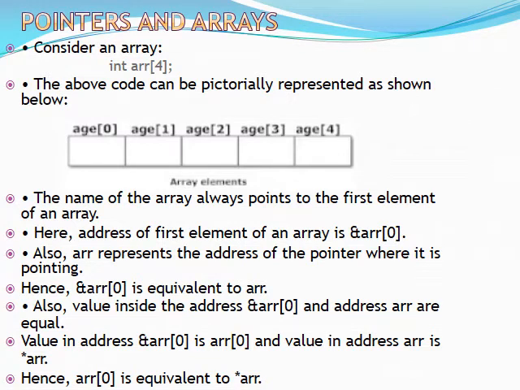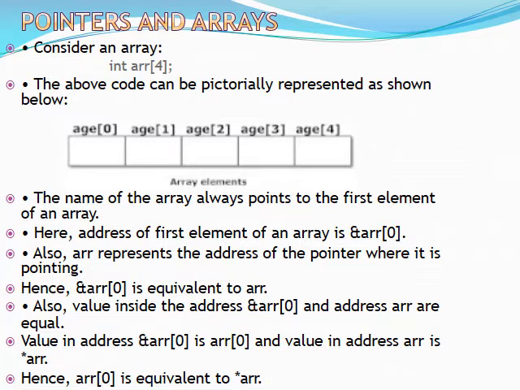In this slide we are going to see how pointers and arrays are used. Consider an example of an array. For example, if I have taken an array of 4, the array can be represented in terms of index values, array of 0, 1, 2, 3 and so on. The name of the array always points to the first element of the array. The address of the first element of an array, if I want to represent it, I can give it as &array[0], which is also equivalent to array. If I give only the array name or if I give &array[0], both are one and the same.